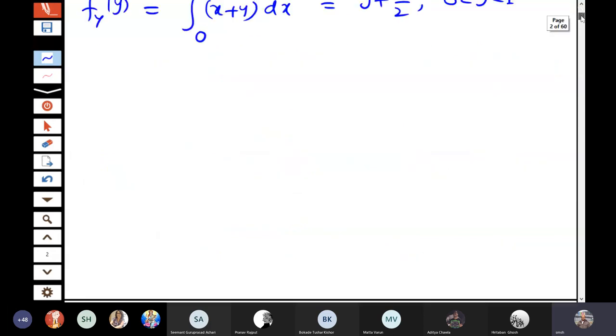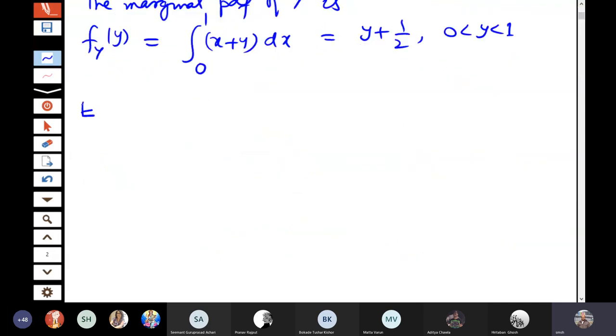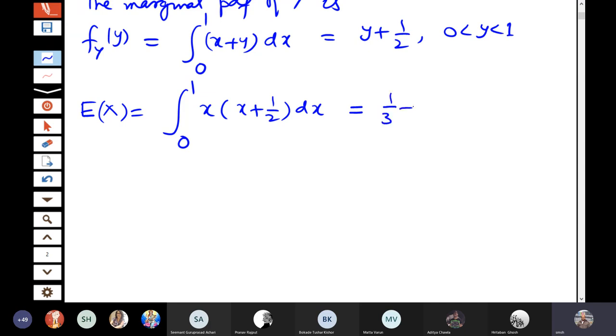So from here we can calculate the expectation of x, that is integral x into x plus half dx from 0 to 1. So that is 1 by 3 plus 1 by 4, that is 7 by 12. Actually, if you look at the distribution of x and y, they are same here.